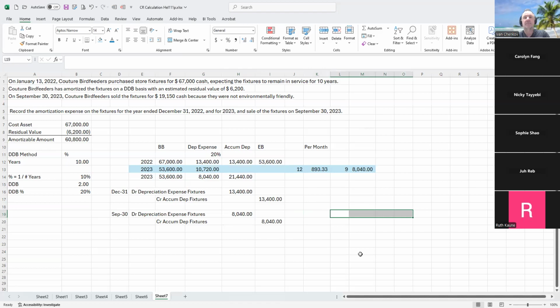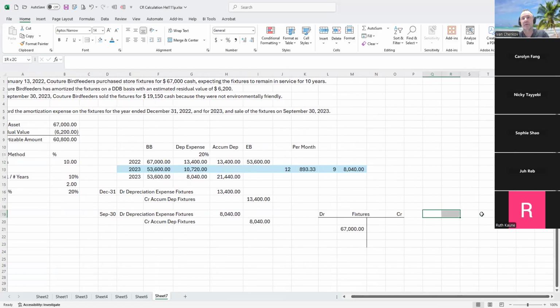Which accounts are involved here? I have 2 accounts. The first account is fixtures, correct? Fixtures is the asset account, which has a normal debit balance. Once we purchase the fixtures, we have 67,000 sitting in this account. But that account goes together with another account, accumulated depreciation, correct?